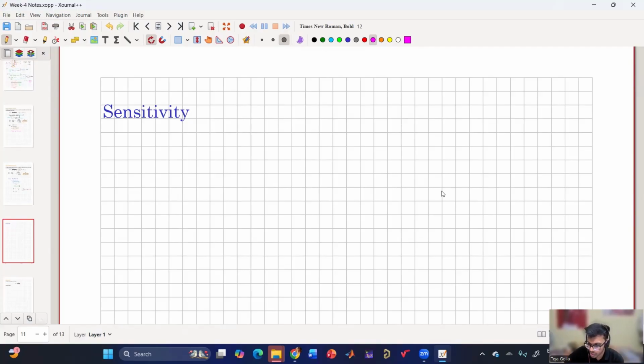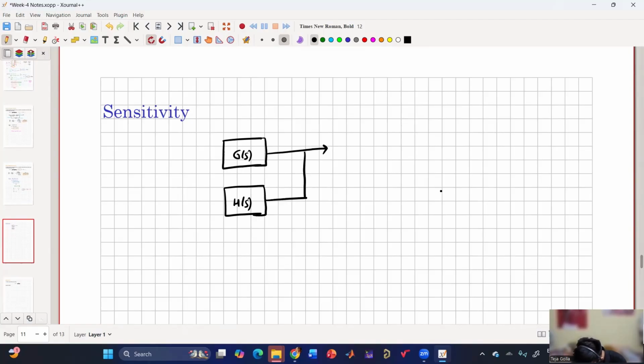Say we have a unity feedback system or non-unity feedback also, with G of S and then H of S. How sensitive is the system? If G of S has some parameter or H of S has some parameter, how sensitive is the overall system with respect to that parameter?